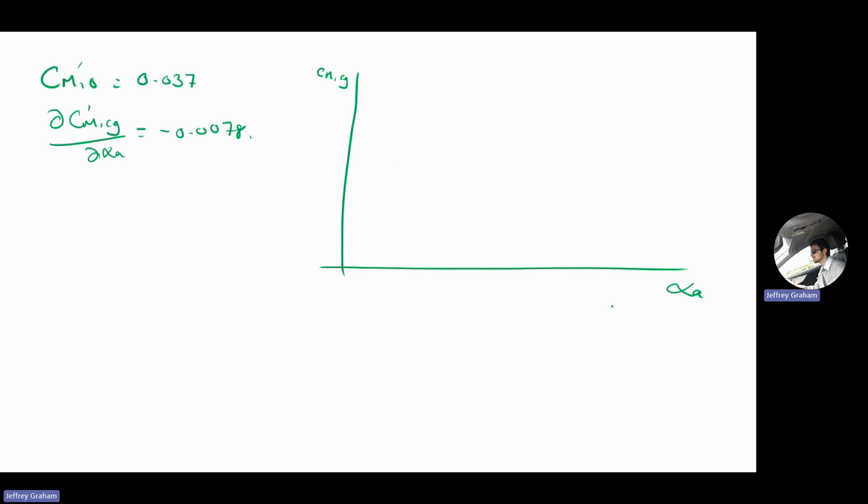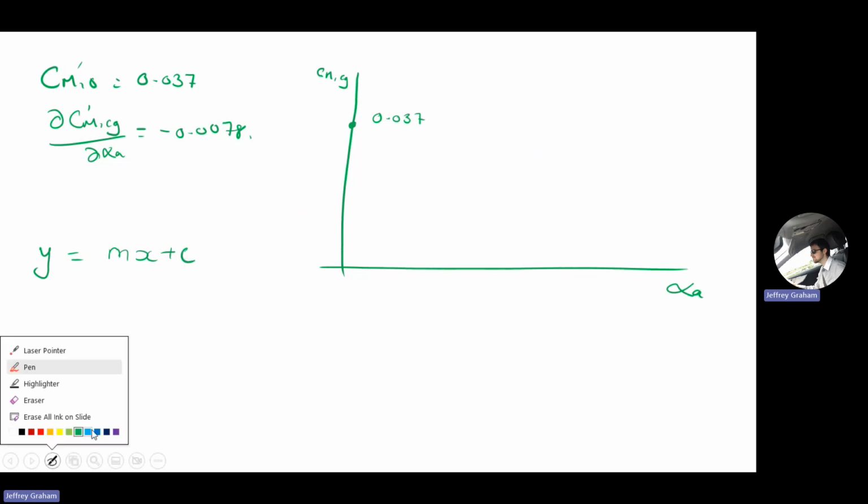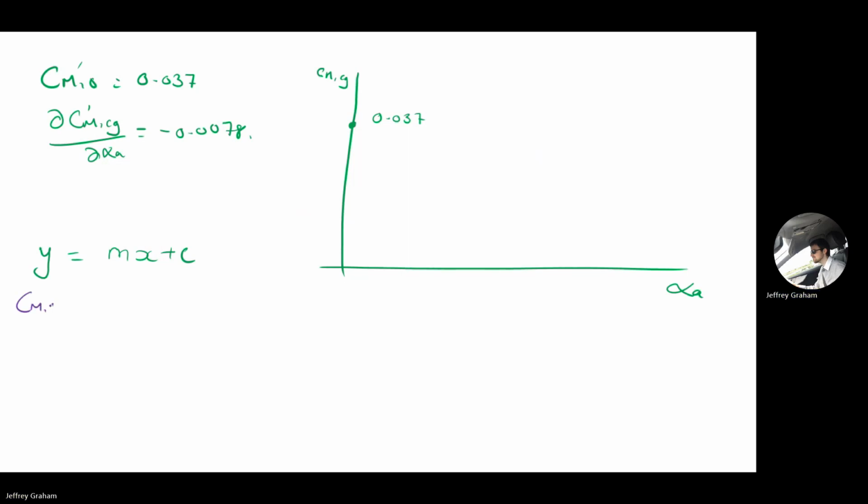And so CMCG against alpha A, we know that point there. We know its gradient. Right. So we've got two things. If you think of the straight line, we know it's going to be a straight line. Y equals mx plus c. Right. In this instance, what we actually have on the y-axis is CMCG.